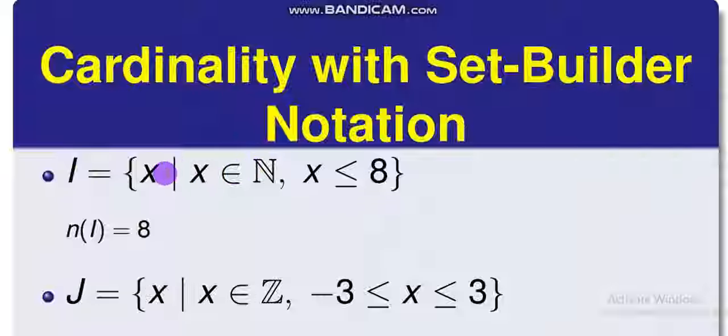And your variable is x. The first condition is x is an element of the natural numbers. And the second condition says x is less than or equal to 8. This means it should be from 1 to 8. Okay, so you have 8 elements. Then the cardinality of I should be 8.